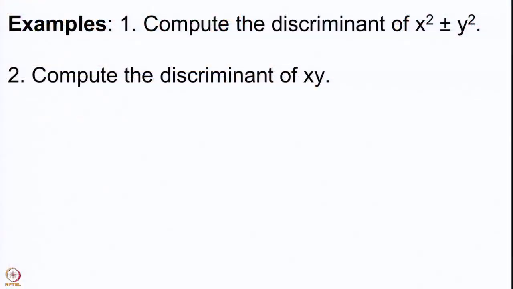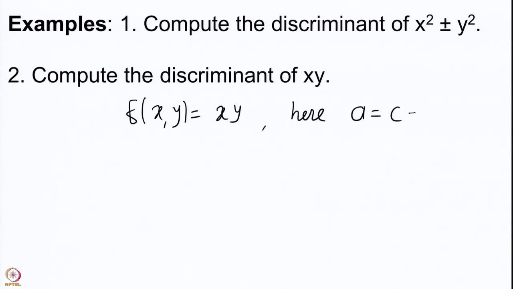Compute the discriminant of xy. I have chosen this example because here both A and C are 0. Here A equal to C equal to 0, you do not have x square, you do not have y square, and B is 1.